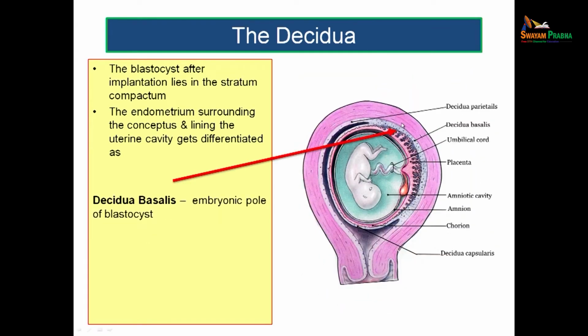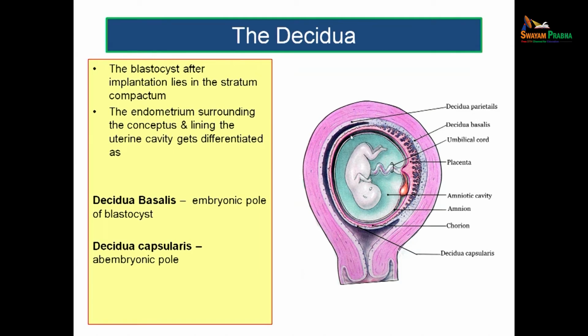The point at which the implantation occurs, that region is known as decidua basalis, or the embryonic pole of the blastocyst. So, the embryonic pole of the blastocyst is the part of the endometrium to which the fetus attaches. Now, another term is decidua capsularis. The embryo is getting embedded in the endometrium, isn't it?